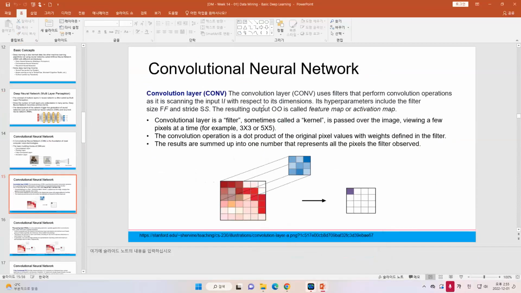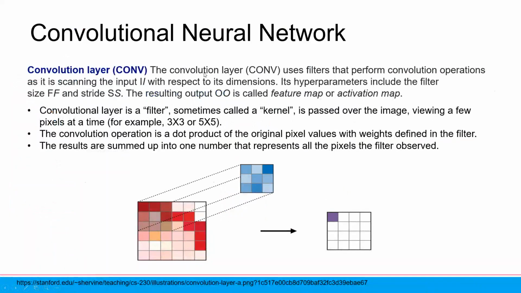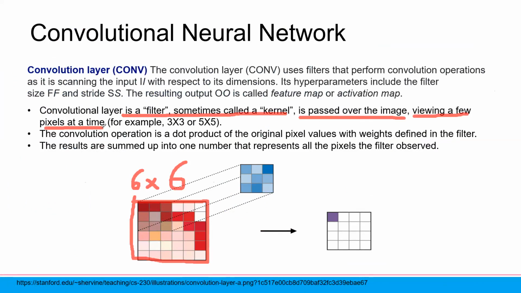So for the data that we have, for example this one, 6 multiplied by 6, I would like to do the convolution with a filter, sometimes called a kernel. The kernel that we learned, the Prewitt kernel, is passed over the image, viewing a few pixels at a time.